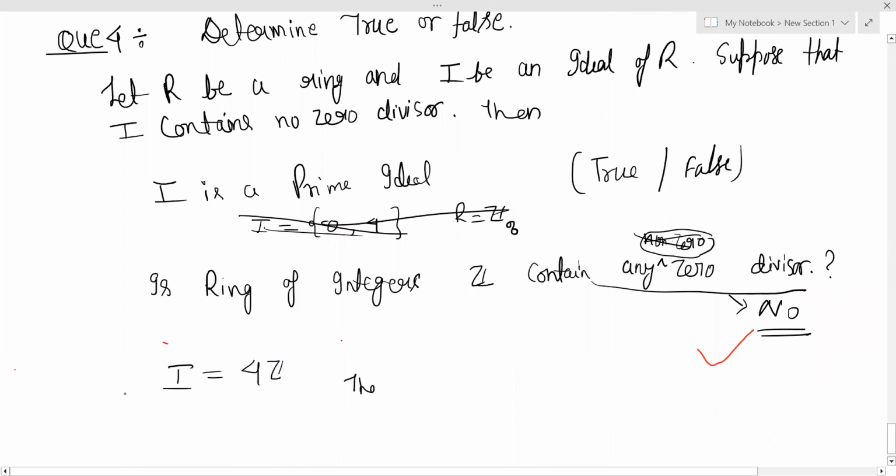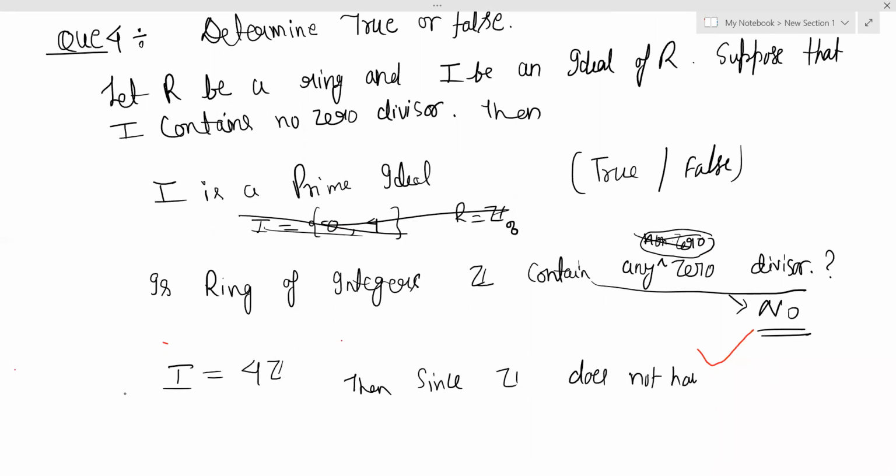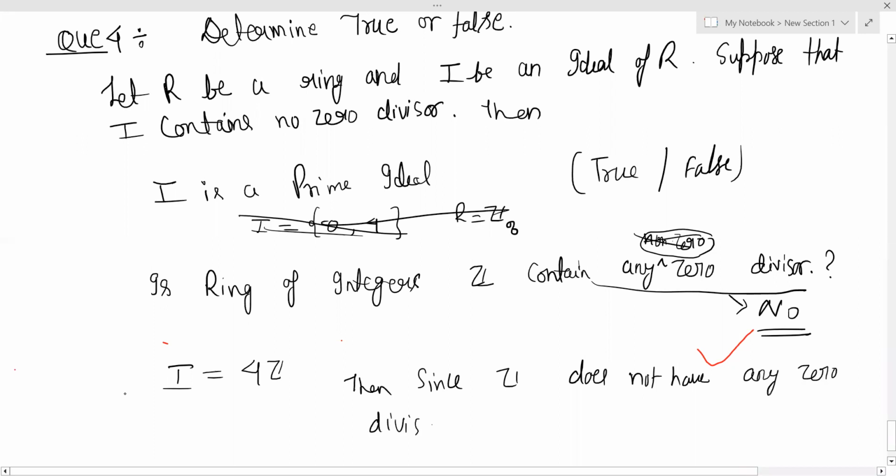Then, since Z does not have any zero divisor, this implies I does not have any zero divisor.